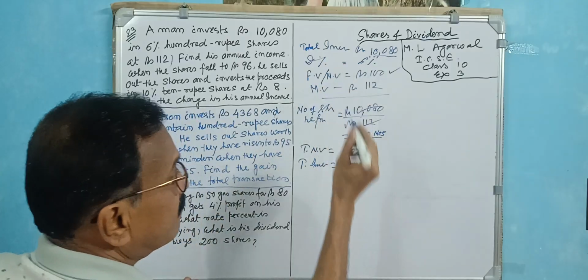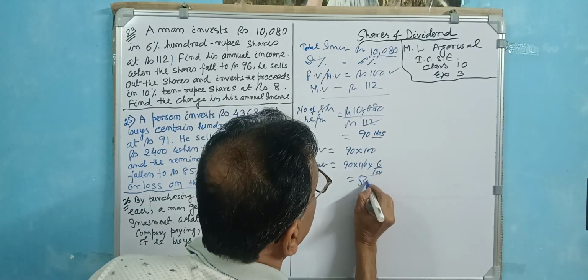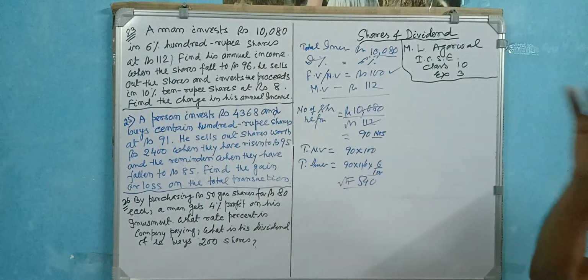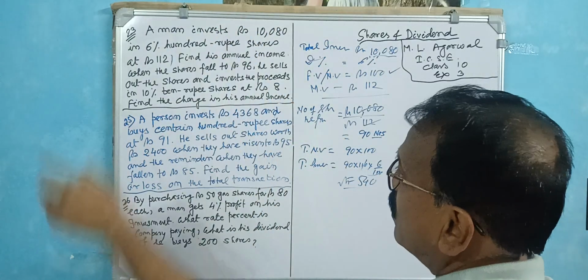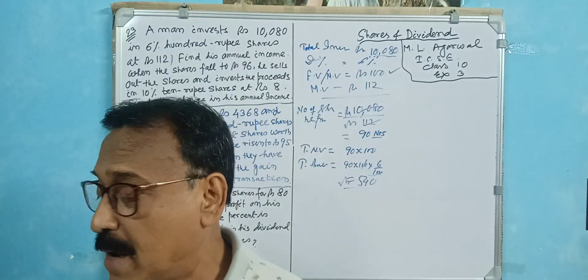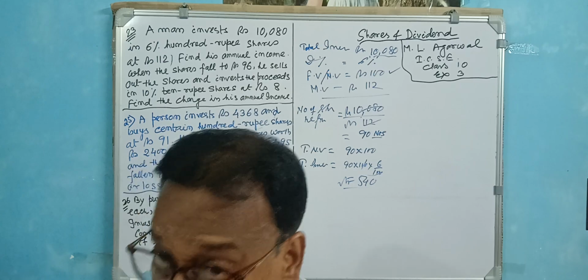What is the dividend rate? 6%. 6 by 100, this is 540. That means this is actually the total income, or the total dividend. Find his annual income. Okay. Very easy. No problem. Just the concept must be clear. Is it clear to you?